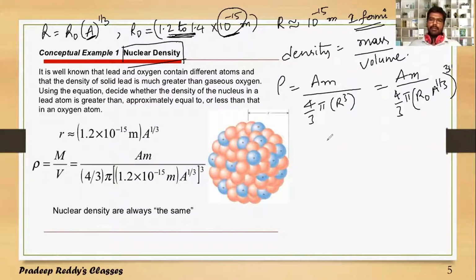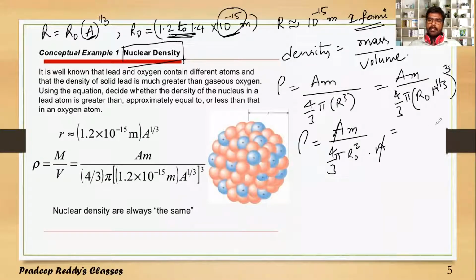Rho can be written as A m divided by 4 by 3 pi, r naught power 3 into A power 3 by 3. 3 by 3 will become 1. This A and A get cancelled.